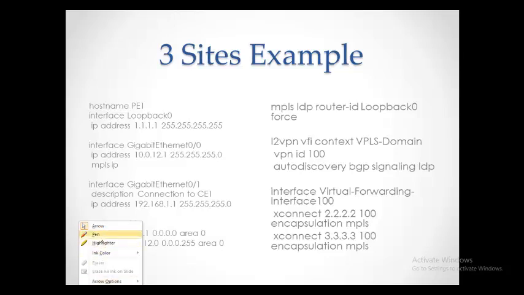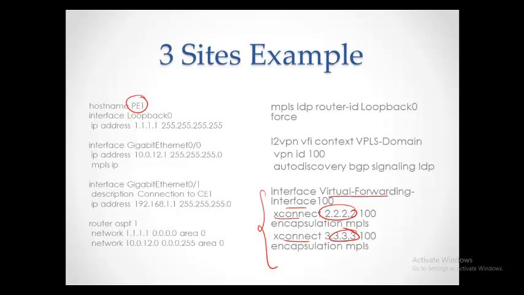Did you understand this? See how easy it is. One VFI can go and negotiate with multiple remote sites, but a physical interface cannot do it. So this xconnect, when you do it under a VFI, under a virtual forwarding instance, it is VPLS. If you do it under the physical interface, then it is VPWS. Is it easy?